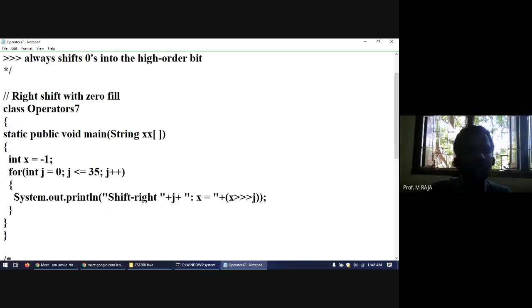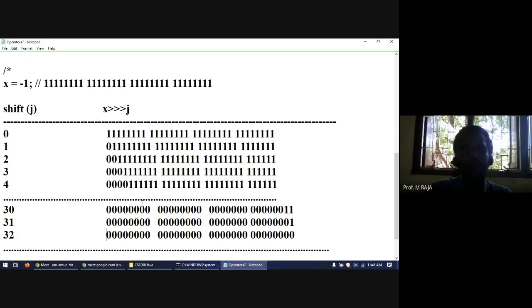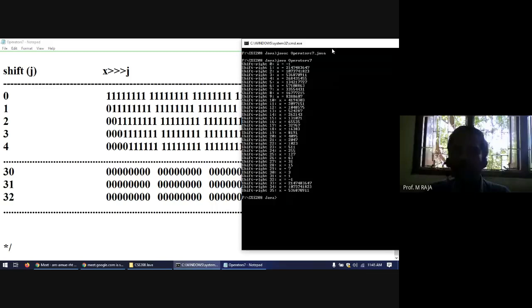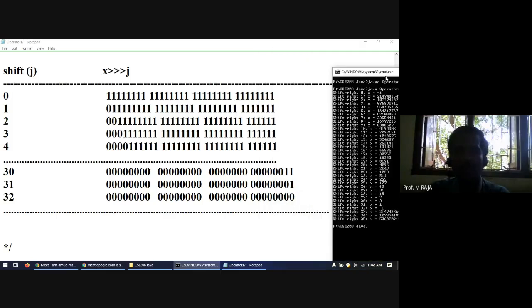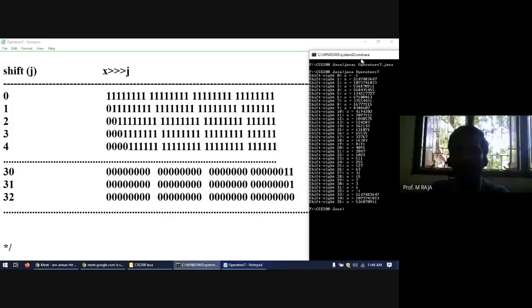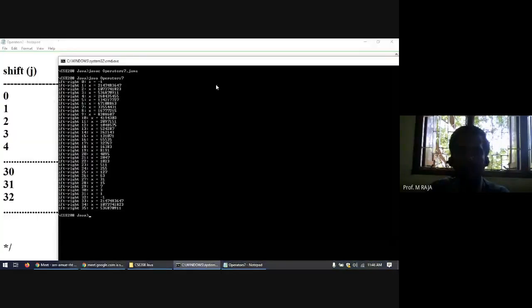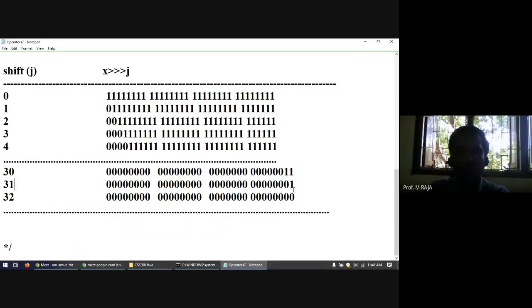Bitwise right shift operation with 0 fill. But look at the result. Initially -1, then this quantity 2147483647, that is correct. Then the values are halved, divided by 2, then 30, 31. 31, what is the value? 1.